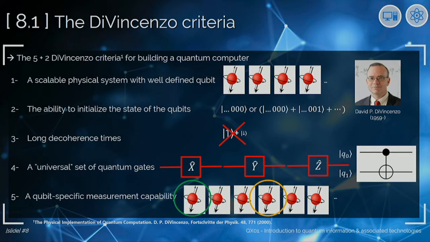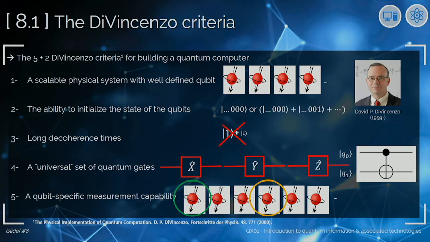The second criterion is you need to be able to initialize the state of your qubits. So you need to say, well, I want to initialize all my qubits to the 0 state, or everyone is at the 0 state. Or I want to have a particular superposition state, of everyone is 0 plus everyone is 0 except the first one, plus everyone is 0 except the second one, and so on and so forth.